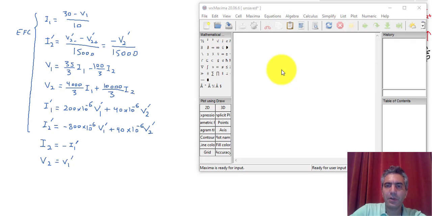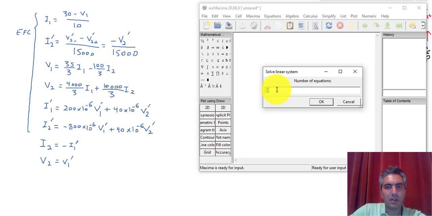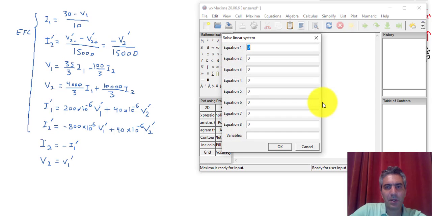In an earlier video I explained how you can use Maxima. We're going to pick the linear equation system solver, then enter the number of equations that we have. So we have a total of 8 equations. Then start entering all the equations in there.